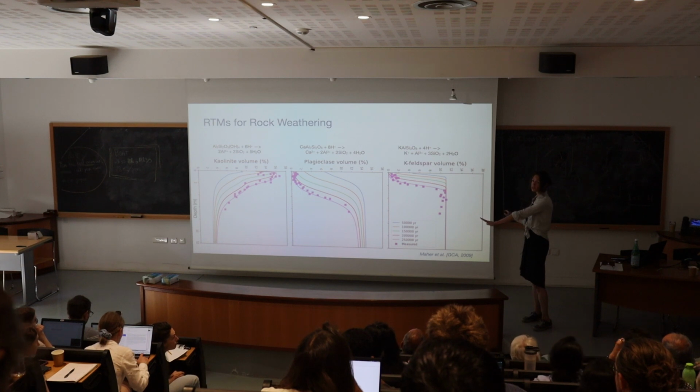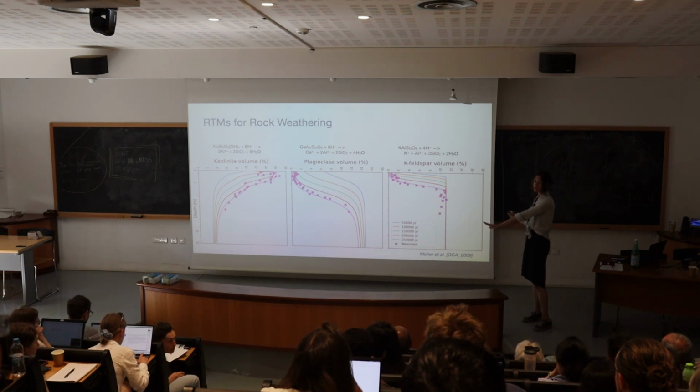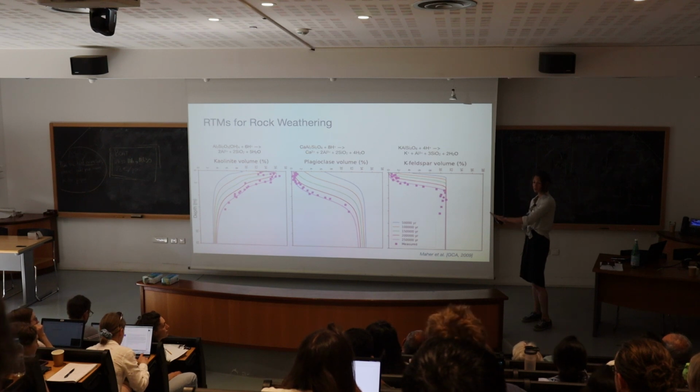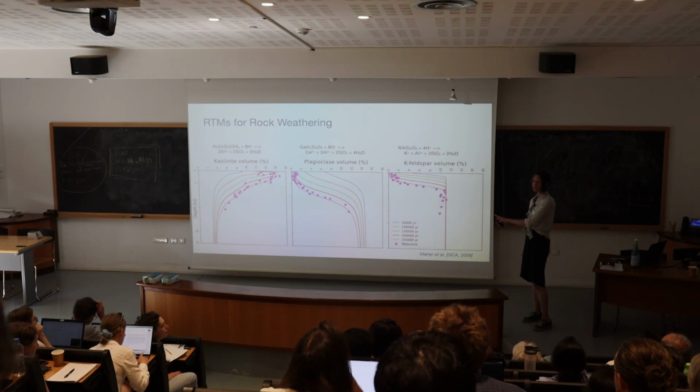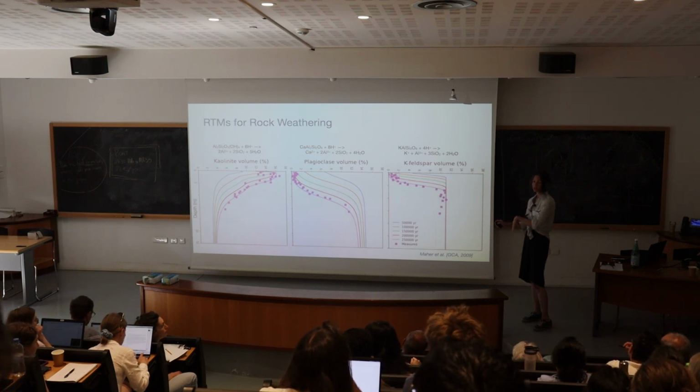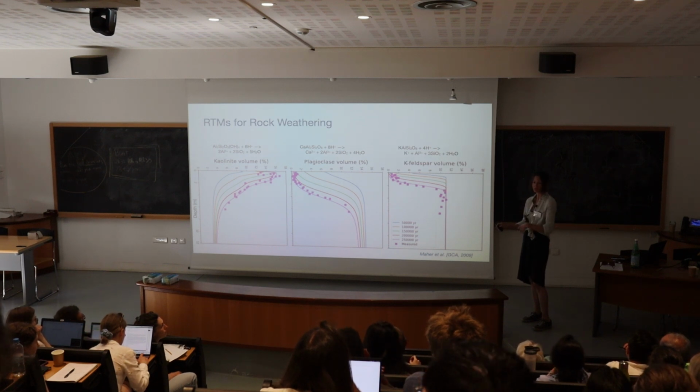Everything is the same simulation. The flow is the same in all of these. This is all simulated at once with the same flow rate, the same boundary conditions. What you are looking at are different minerals. Each of them is subjected to its own relationship between how reactive that water is and how quickly they're going to dissolve or precipitate.